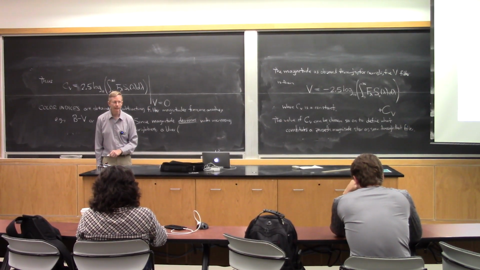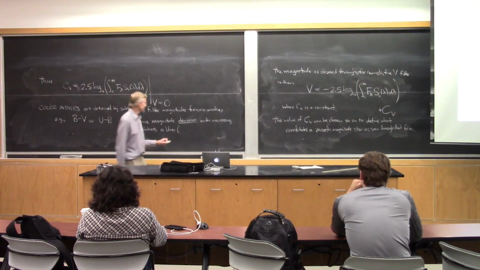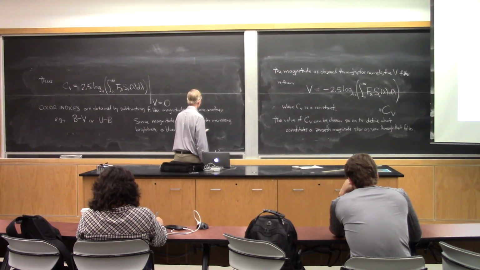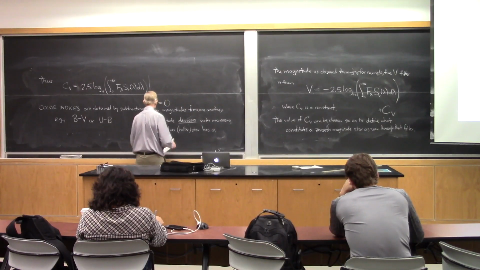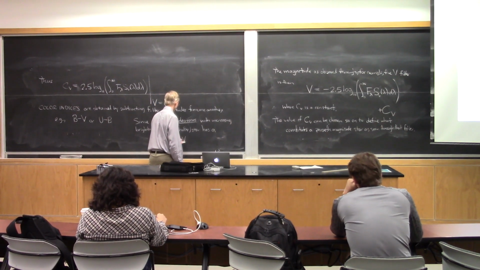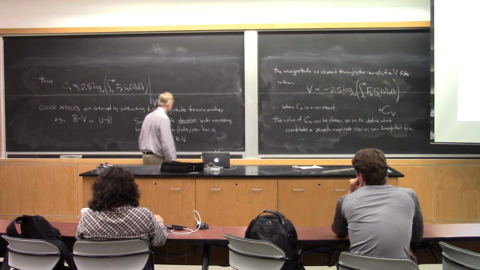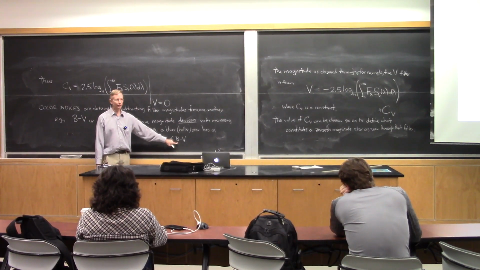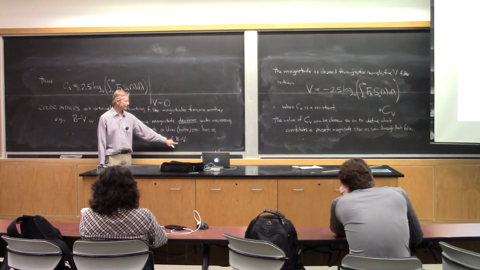A bluer, and therefore hotter, star has a larger or smaller value of B minus V than a cooler star, okay? So it's bluer, it's B-er than the cooler star is. So it's got more B.